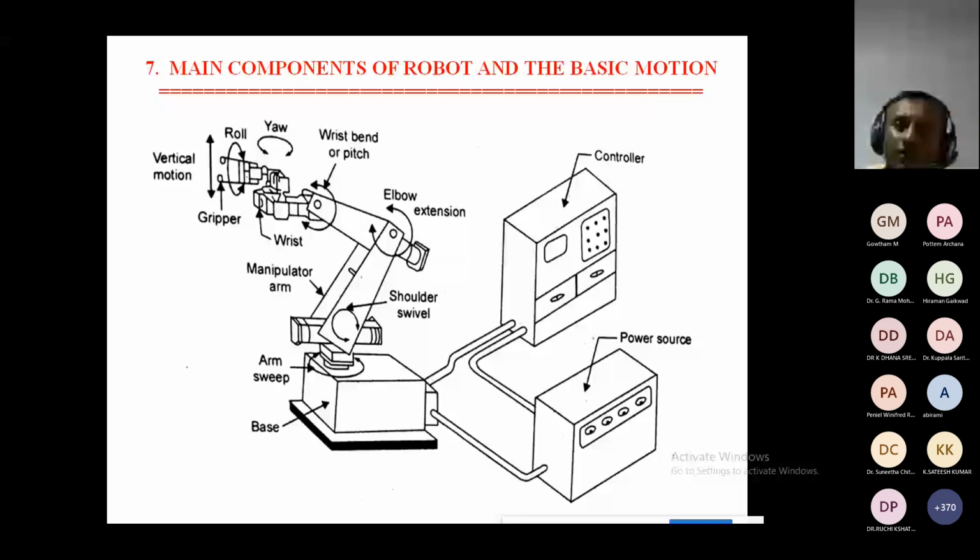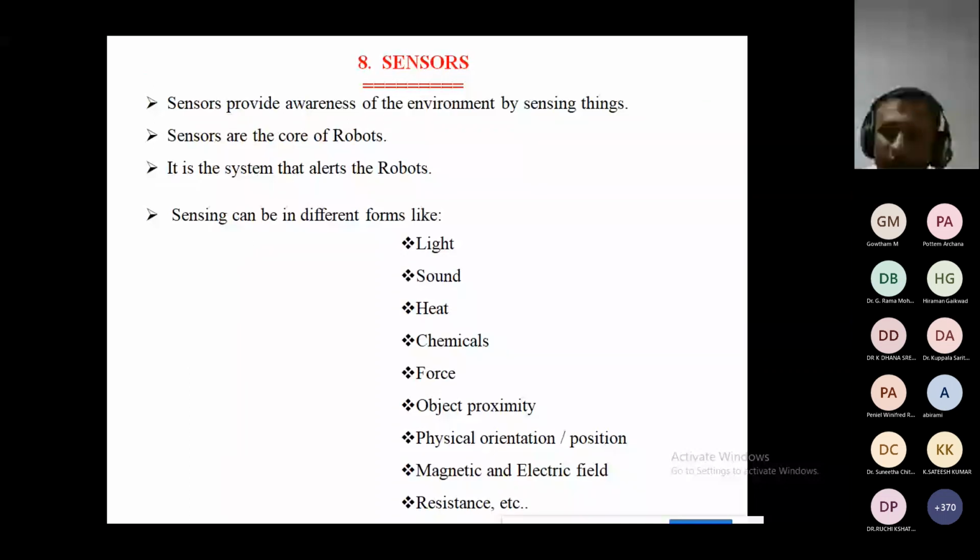Sensors play a vital role because sensors mean to observe. The total environment is observed by the sensor. So sensor technology is most important, just like our eye, ear, skin, tongue. Sensors give the instruction about the environment to the machine.